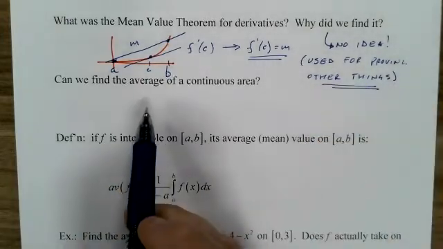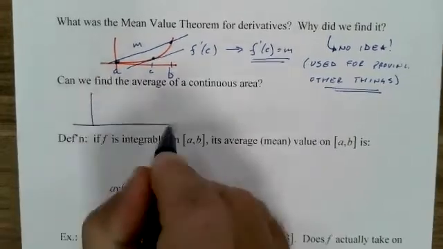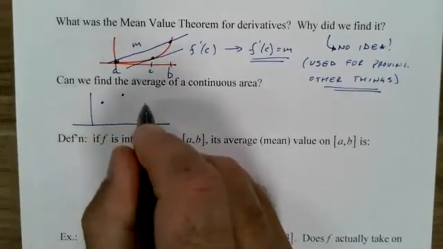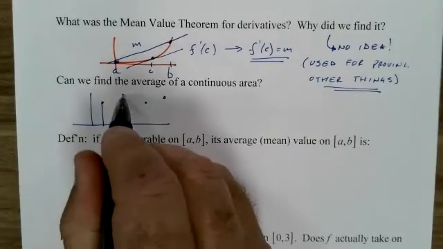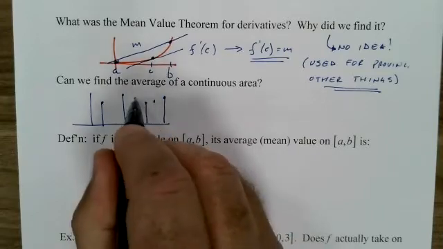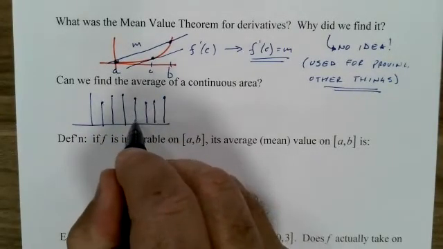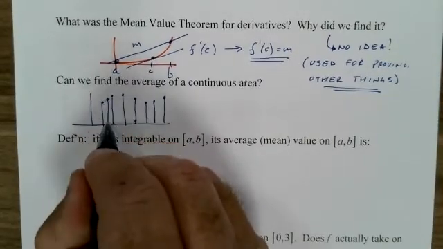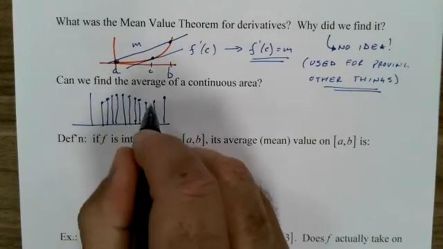All right, now can we find the average of a continuous area? Let's slow that one down a second. Average these 4 values. Well, I would just add up the y values and divide by 4. Well, what if there's more of them? What if there's even more of them? What if there's an infinite number of them?